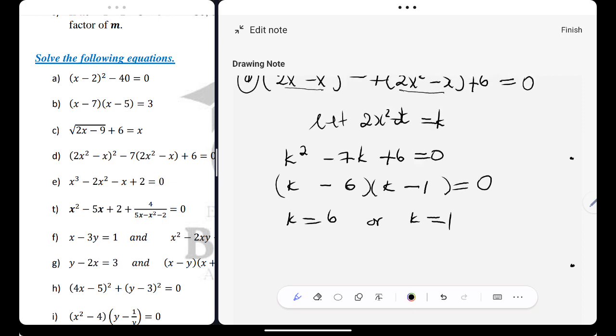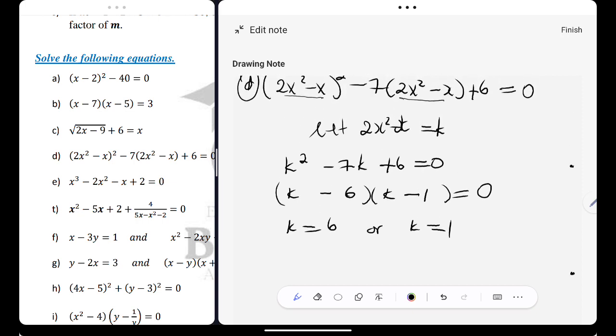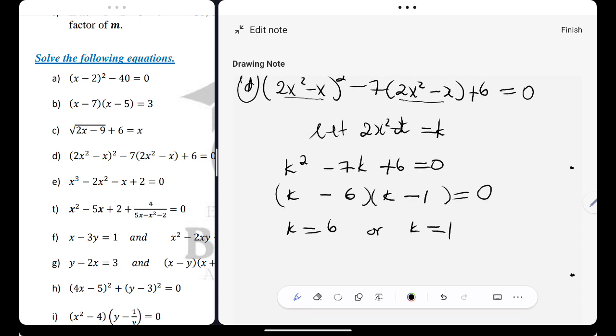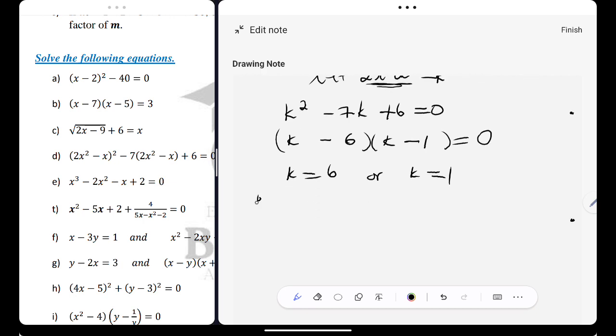But initially I was not solving for k. K is just a tool to help me find the solutions easy. So immediately when I know the value of k, I'll put back this thing whenever I see k. So I'll therefore say 2x squared minus x is 6, or let me write it in a different color. 2x squared minus x is 1 altogether.